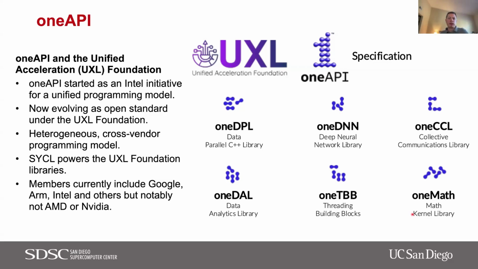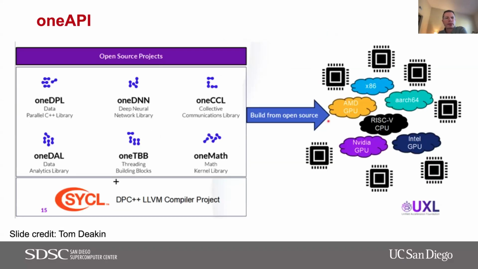And if you're running on an NVIDIA GPU, you'd have something like cuBLAS, for instance, for matrix multiplications, or cuFFT for fast Fourier transforms, and it interfaces via oneMath, so you don't have to change the source code if you want to use one or the other. So that's the basic idea.